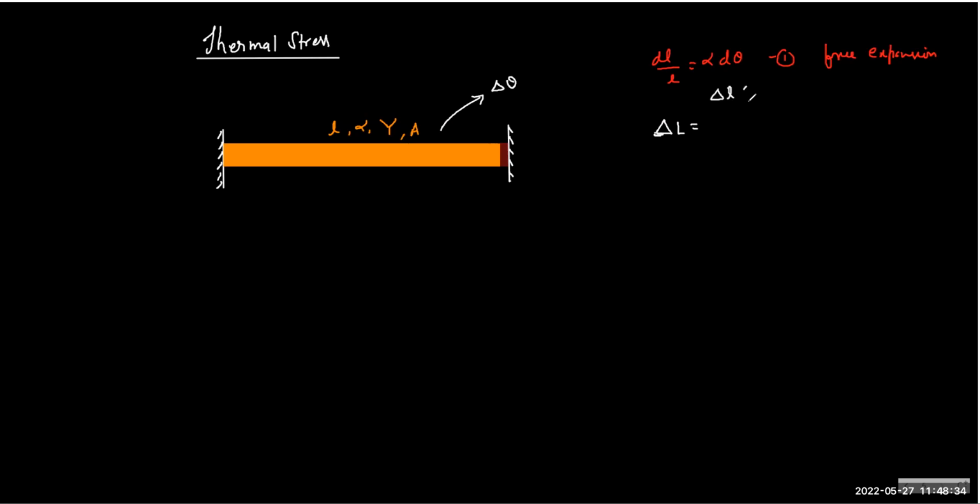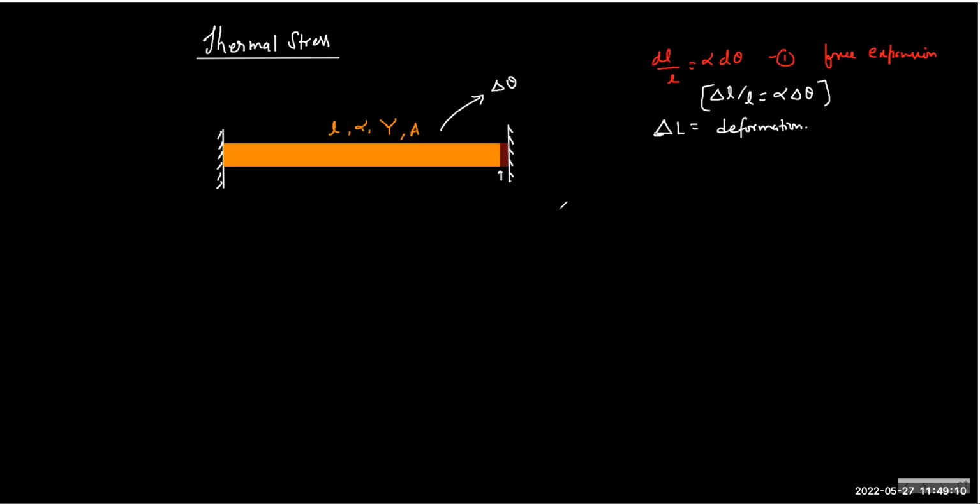So the same phenomenon happens in a soldering iron also. Delta L is called deformation. So at 600 degrees Celsius, that red hot iron will have its natural length at 600 degrees Celsius, and then when you cool down, the natural length will change. So it will try to go back.